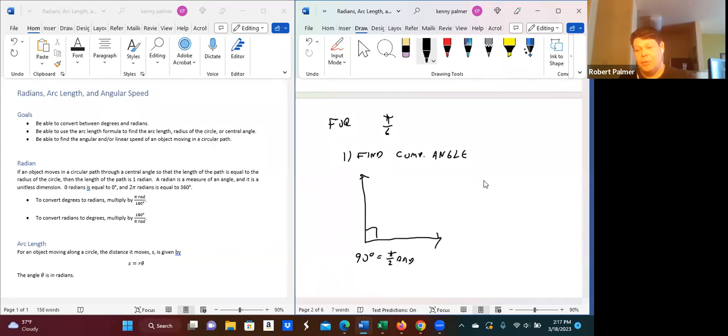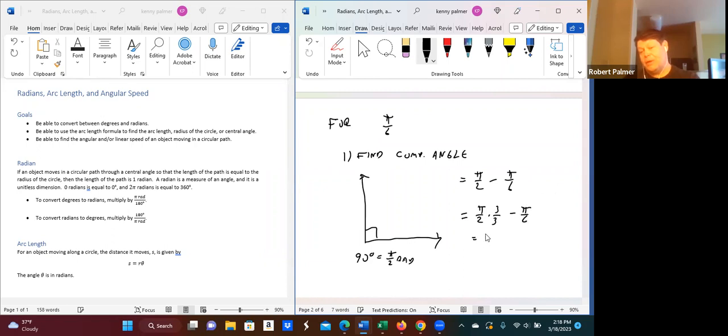And so what we want to do is pi over 2 minus pi over 6. Remember, adding and subtracting fractions need a common denominator. To get a common denominator, you can always just multiply your denominators together, or in this case, 2 goes into 6. So we multiply the top and bottom of this by what we need to make the denominator 6, which is 3. So pi over 2 times 3 over 3, and 3 over 3 is 1, so we're not changing the meaning, minus pi over 6.